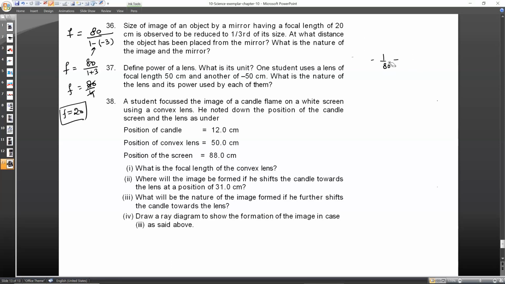In this question, what you are going to do. A student focused an image of a candle flame on a white screen. First of all, it is focusing on a white screen, so it means it is a real image from a convex lens, and he noted the position of the candle, the screen and the lens. When we do the experiment, we have an experiment table.